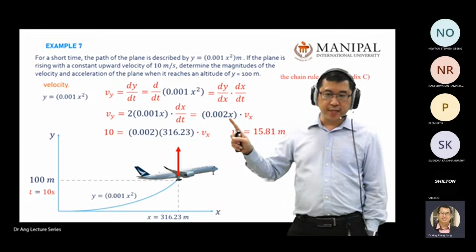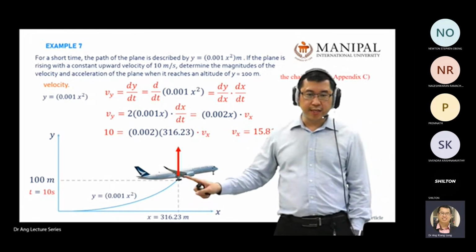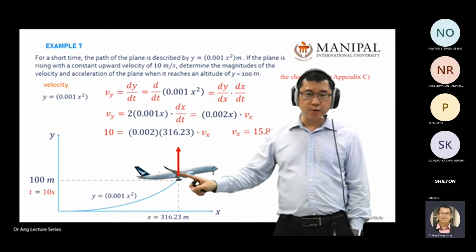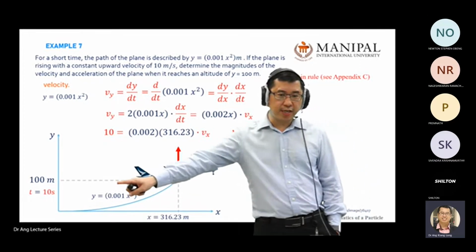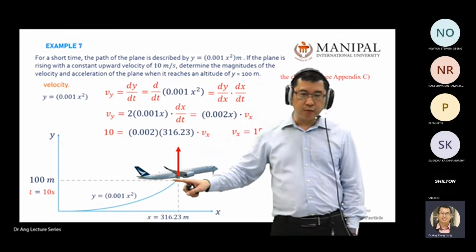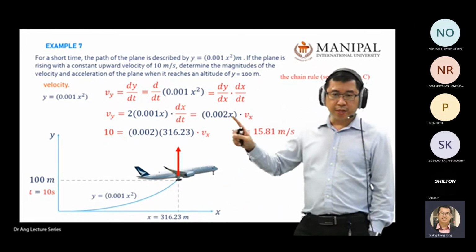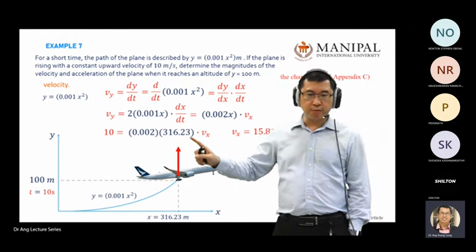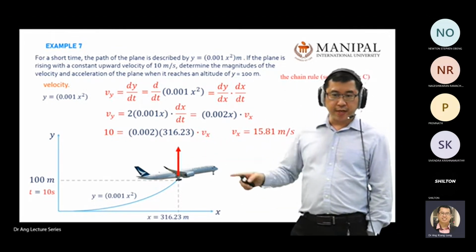What is your x? Your x at 10 seconds is at this location. How do you know you are using this one? Because the question asks you to focus at the location where y equals 100. At y equal to 100, your x is 300 something. So you substitute x equal to 316.32. Your Vx, you can calculate, right?